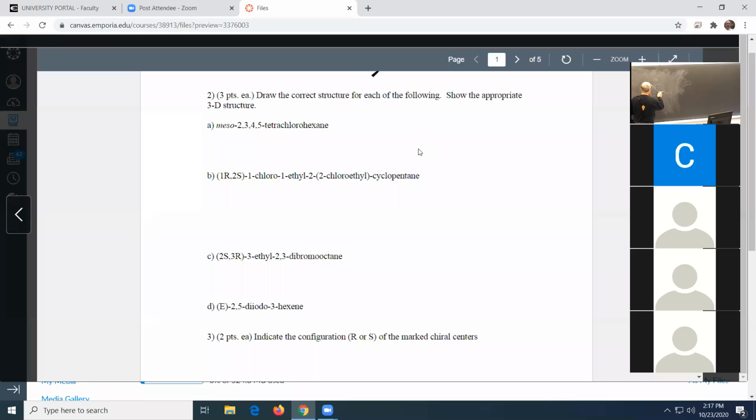So this side is 2, and then this is 3. So we go 1, 2, 3. That's not S, and so we have to switch these. So we'll put this one back and hydrogen forward. Now that's 1R, 2S.